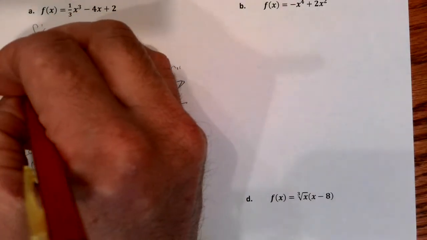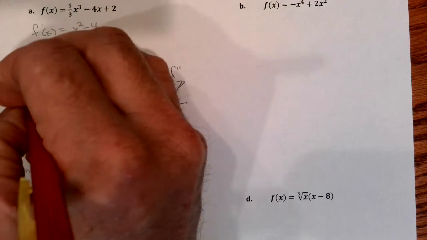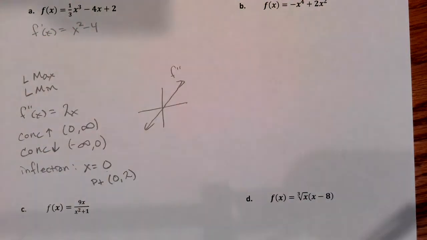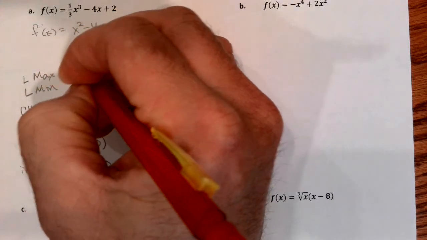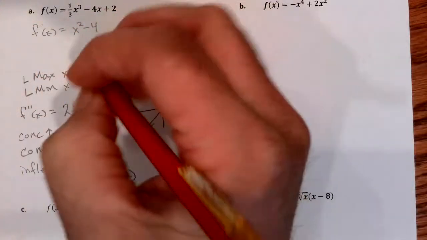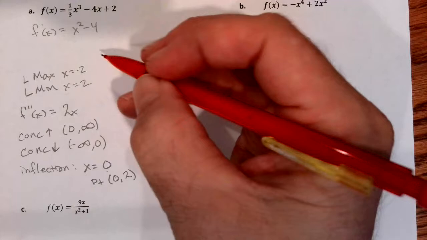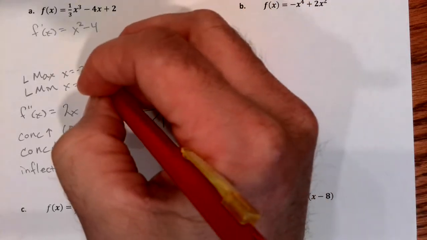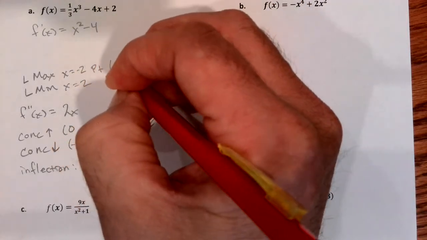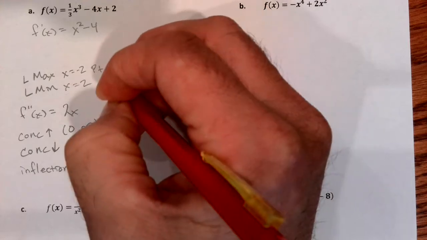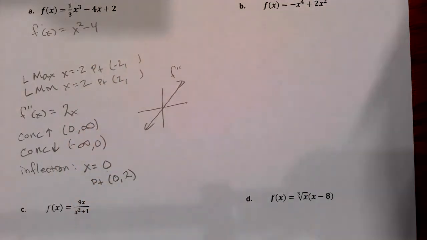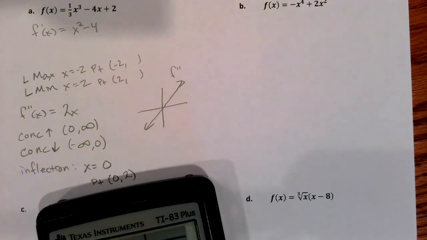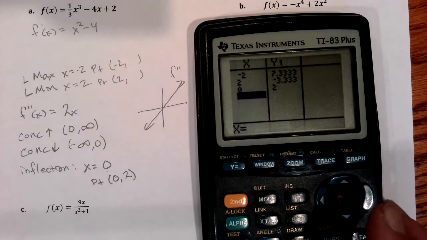Up here, we talked about local max and local min. The local max happened at an x value of negative 2 and a local min at an x value of 2. So we know that this has a point of negative 2 something and a point of 2 something. The inflection point, the local max, and local mins are all coordinates. The other things are intervals.